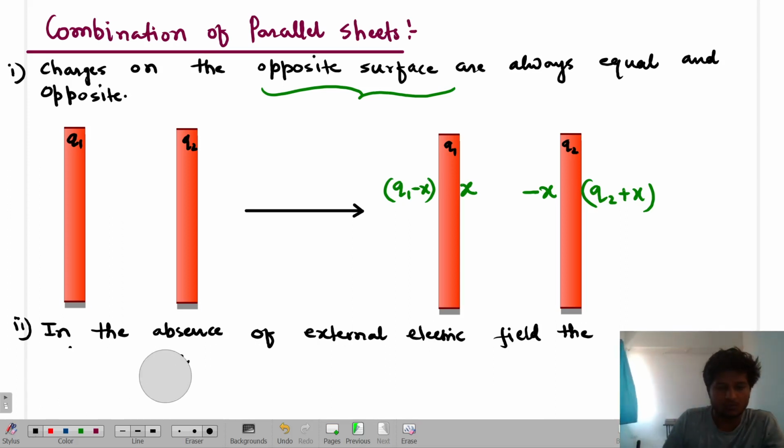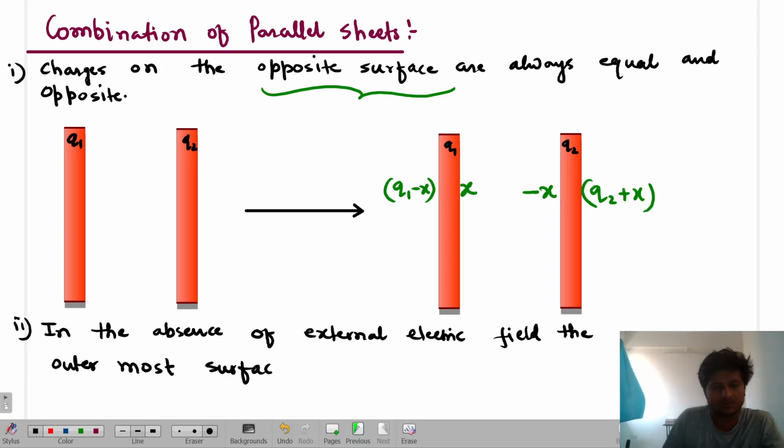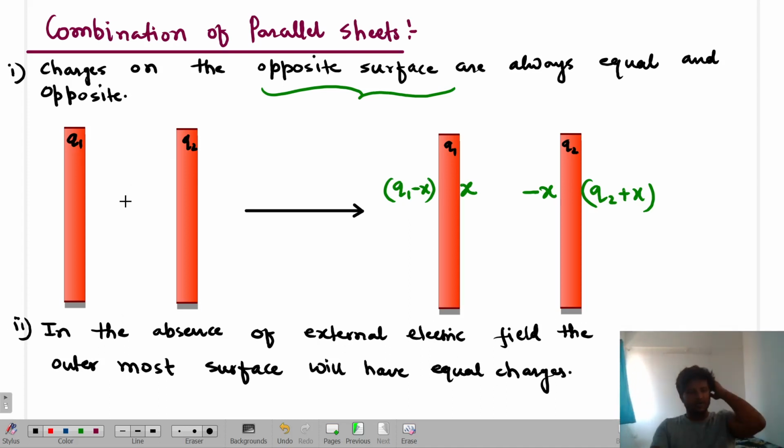Let me write outermost surfaces, because there can be three plates, four plates also. Means if there is no external electric field, like look over here, am I putting any kind of external electric field over here?